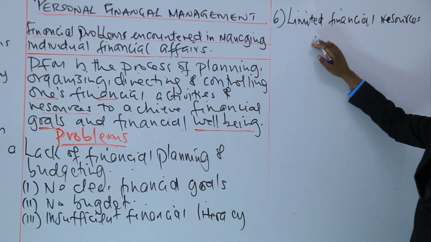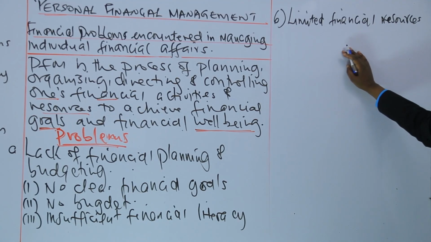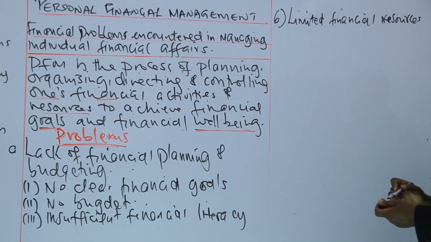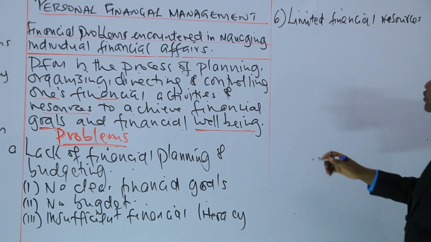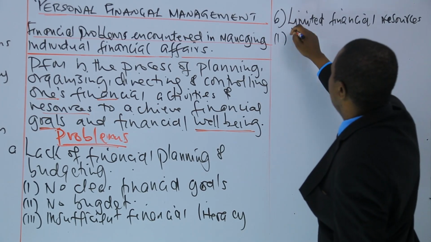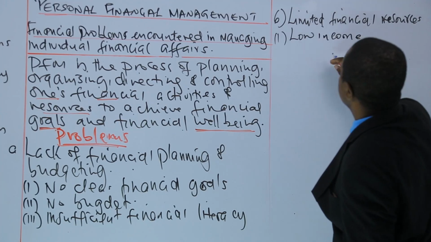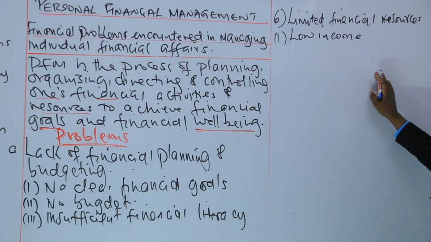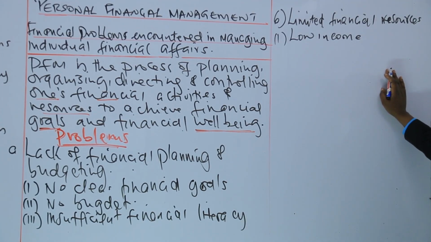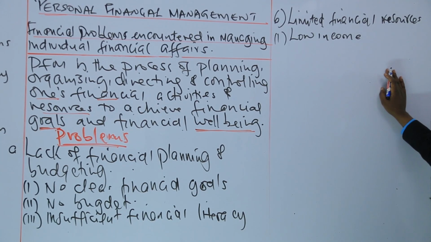Financial resources may be limited because of, one, low income. Individuals with low income may struggle to meet basic needs, and may struggle to save for the future.